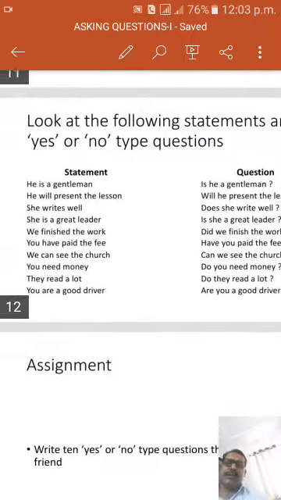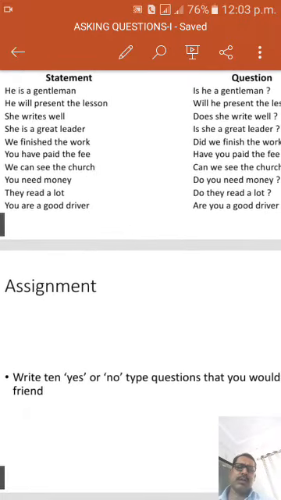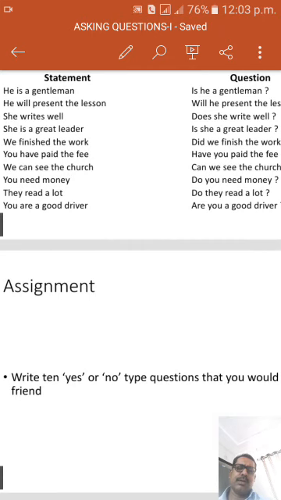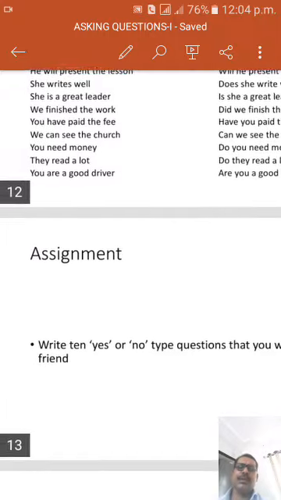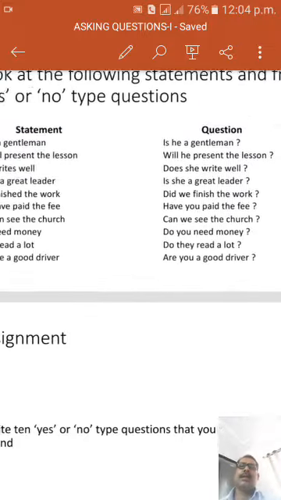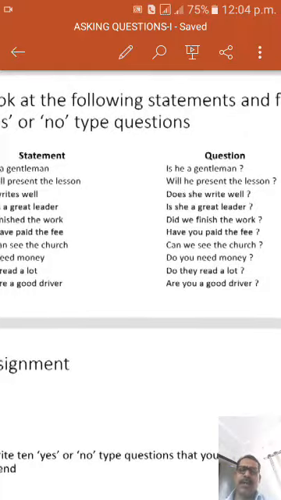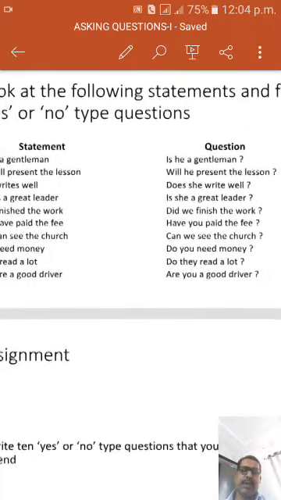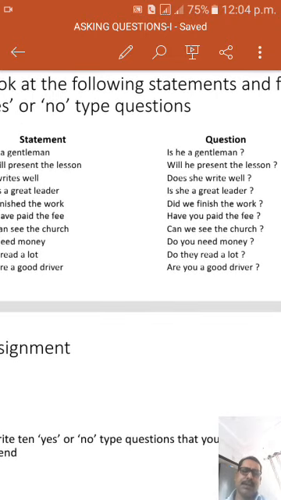The assignment: you have been asked to write some yes or no type questions to your friend. This is the lesson, asking questions part 1. Questioning is a very important aspect of English communication, and many people commit mistakes in framing the right questions.